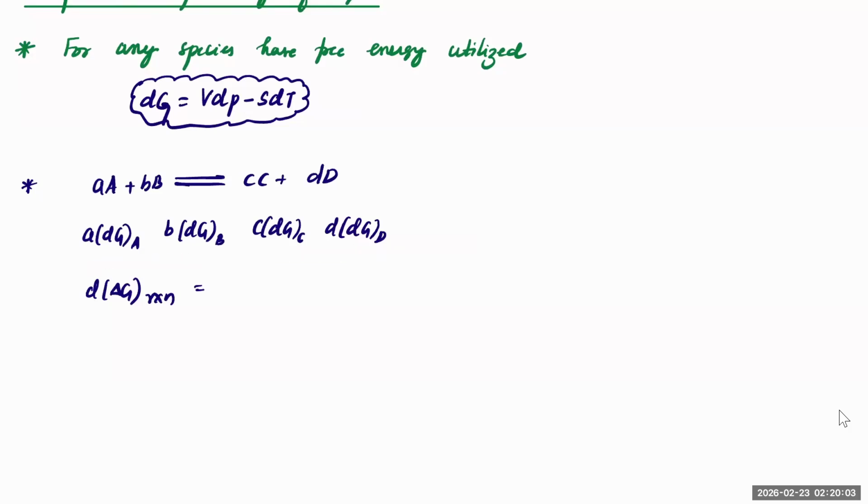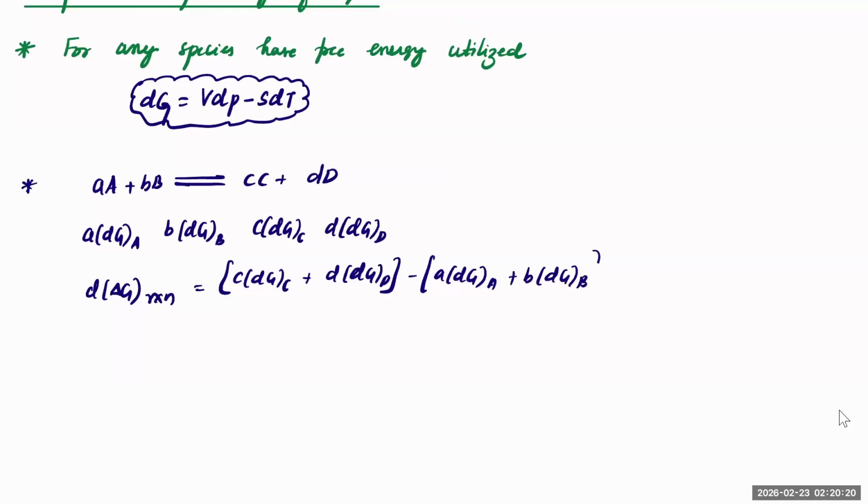So we write this as C into delta G of C plus D into delta G of D.